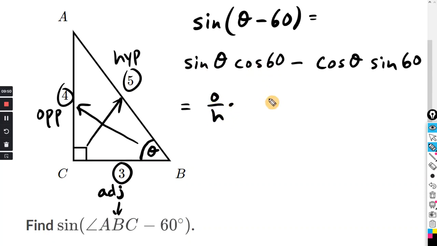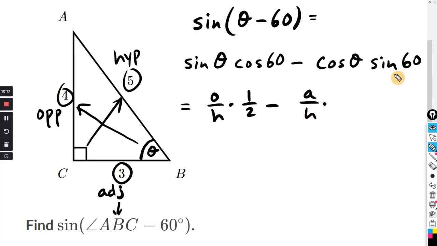And the cosine of 60, you have to check on the unit circle for that, or you can use special right triangles, or you can use your calculator, at least for some of them. Cosine of 60 is just 1/2. And then for cosine of theta, remember CAH, that's adjacent over hypotenuse.